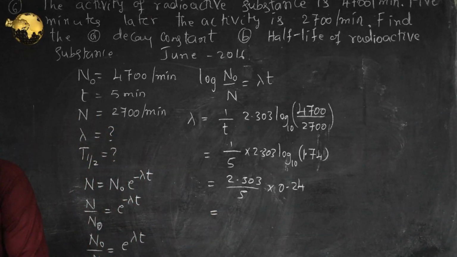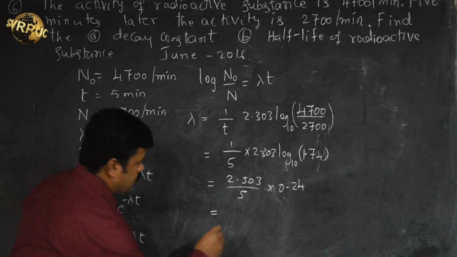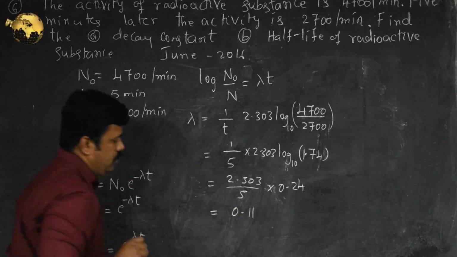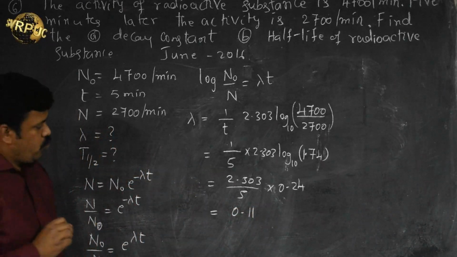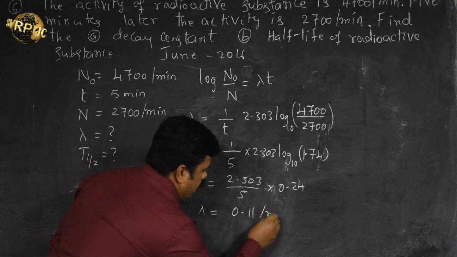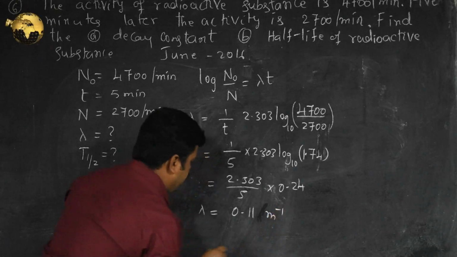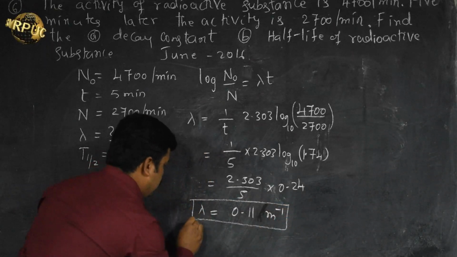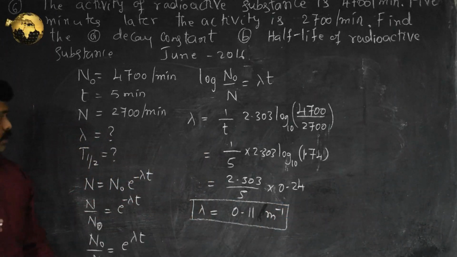This is 2.303 divided by 5, times 0.24, and we get 0.11. Lambda is 0.11 per minute. We are done with the decay constant.